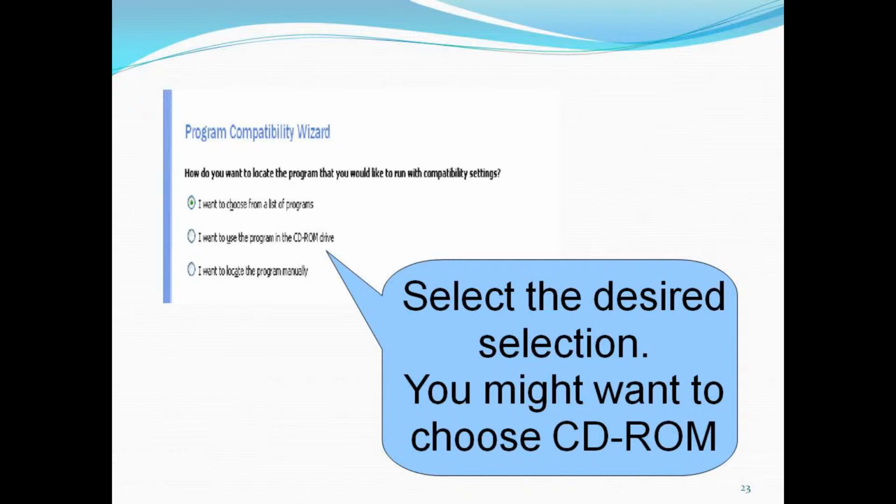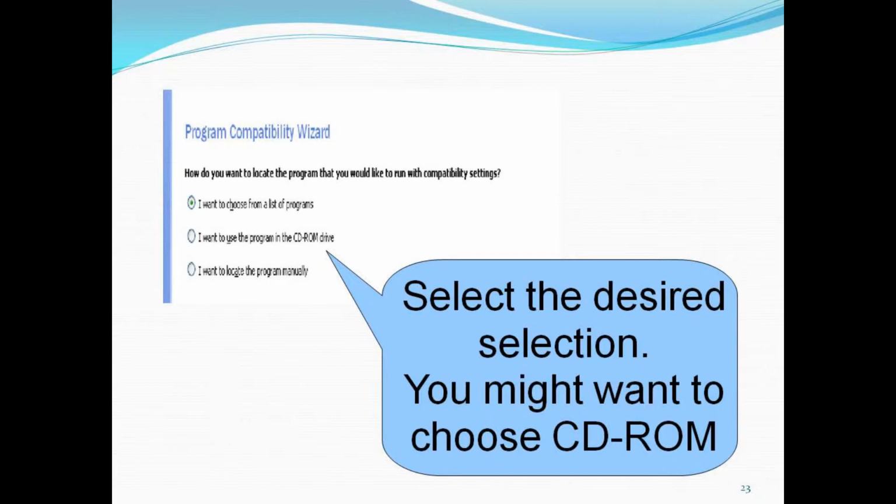And I want to select a program that is on my computer to change it to the compatibility mode that will work on my machine. Other selections are compatibility mode concerning a CD, and also to select a program as well.